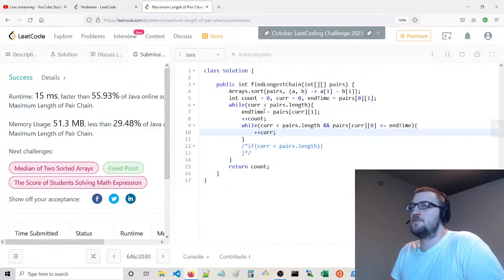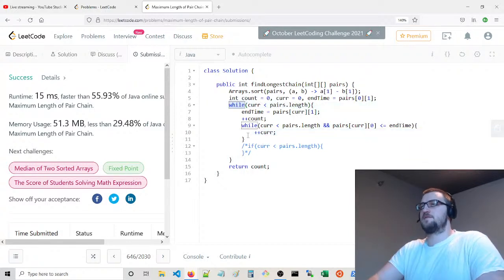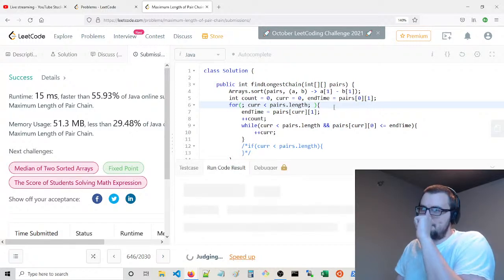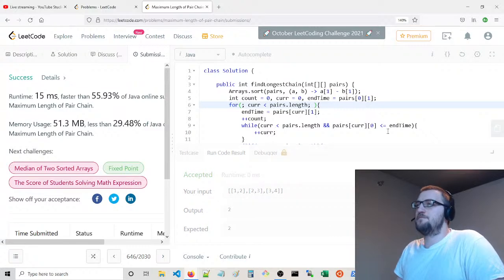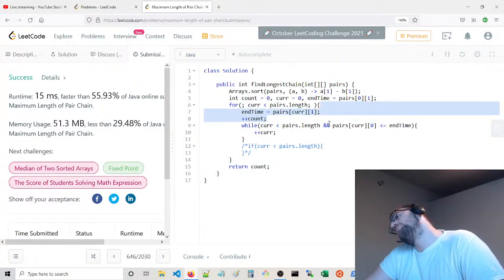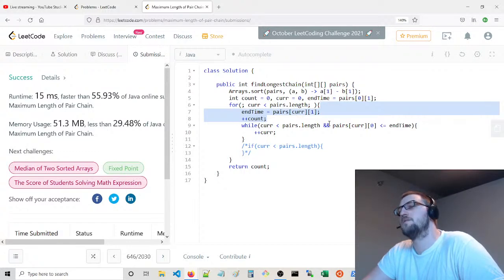Can you make these for loops? And then, curious to see what happens when we do that. Can you do this at the end of the loop? I don't know.